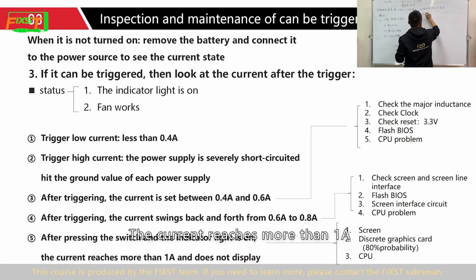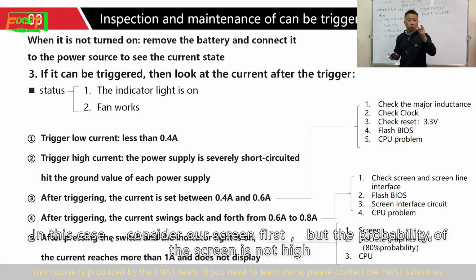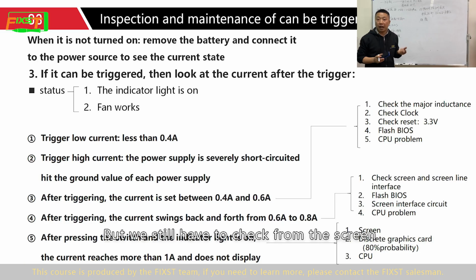The current reaches more than 1 ampere, but there's no display. In this case, consider our screen first, but the probability of the screen is not high. But we still have to check from the screen.